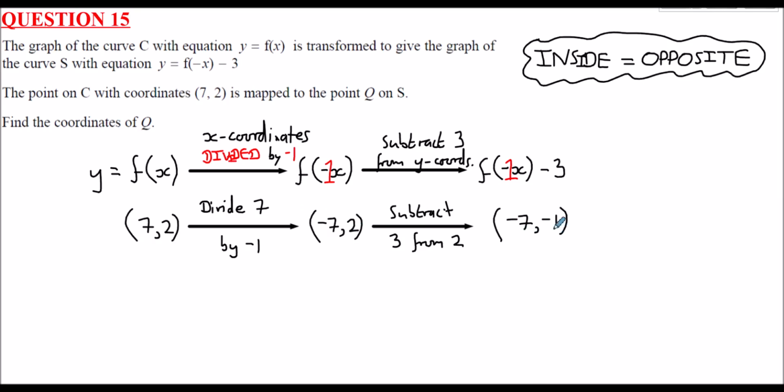So in other words, this point 7, 2 gets mapped to Q, which is this point. So Q equals minus 7, minus 1. So very much like BIDMAS, we divide by minus 1 first, the x-coordinates, and subtract 3 from the y-coordinates second.